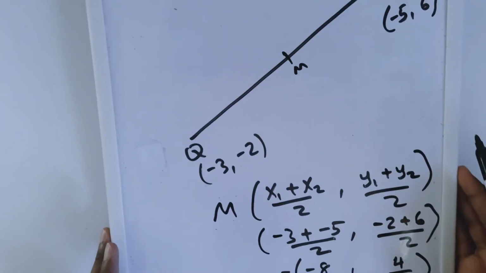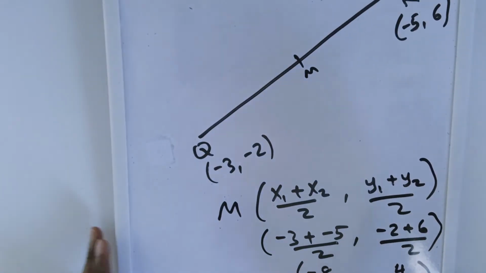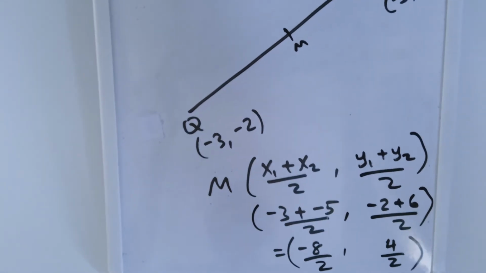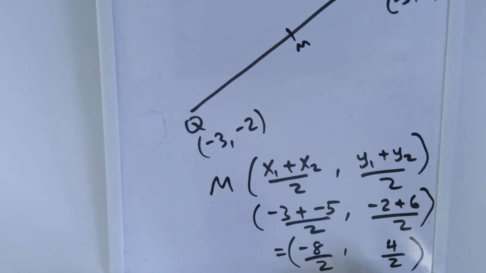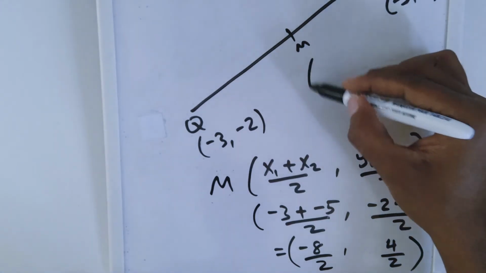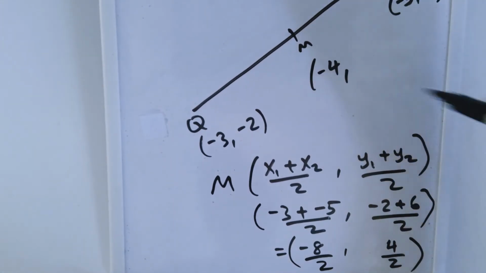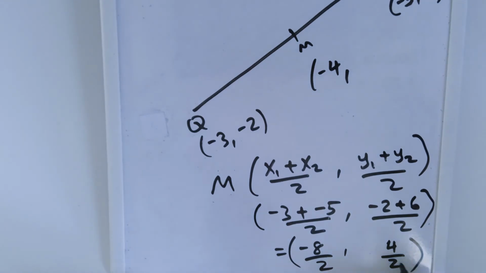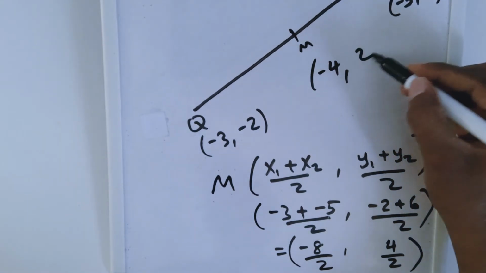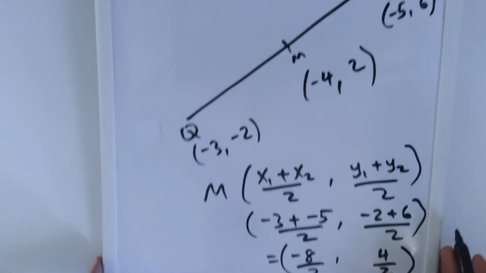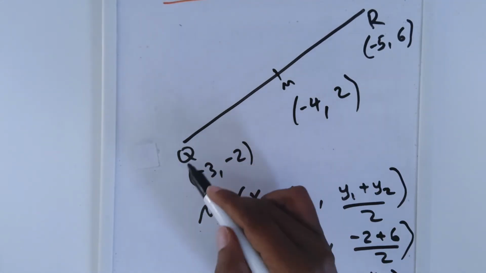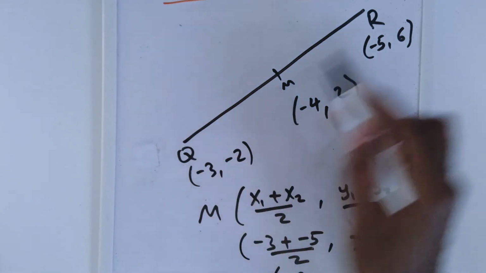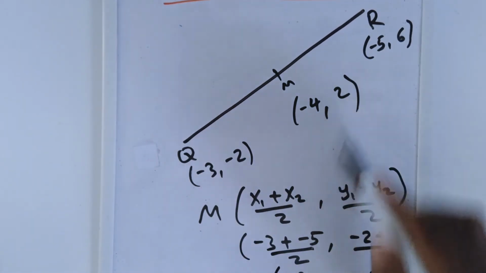So what do you get? -8 divided by 2 gives me -4, comma. 4 divided by 2 is just 2. Okay, so that is your coordinate points for this midpoint, -4 and 2.